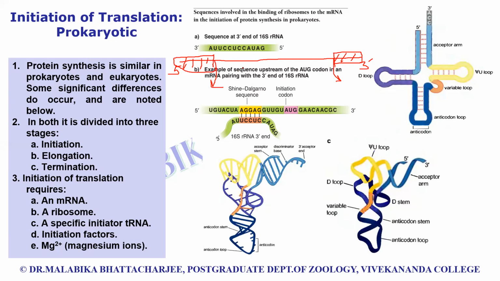And when we look into the mRNA, what did I say as a property of the genetic code? This protein coding region contains a non-overlapping string of codons.